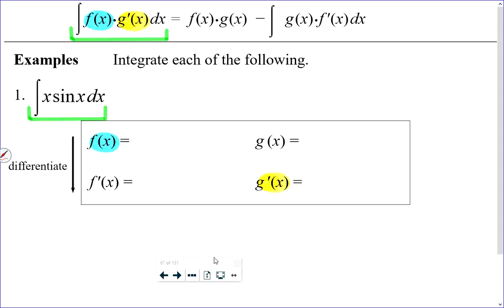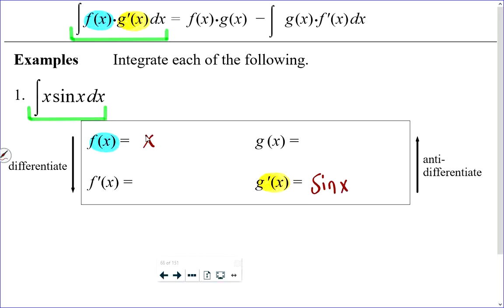Once you choose f of x and g prime of x, you differentiate f of x and you anti-differentiate g prime of x. So clearly, whatever you choose for g prime of x, you better be able to anti-differentiate it. But what have I suggested to you? I've suggested that you choose for f of x the thing that becomes simpler. And that means that for g prime of x, we have to choose sine of x.